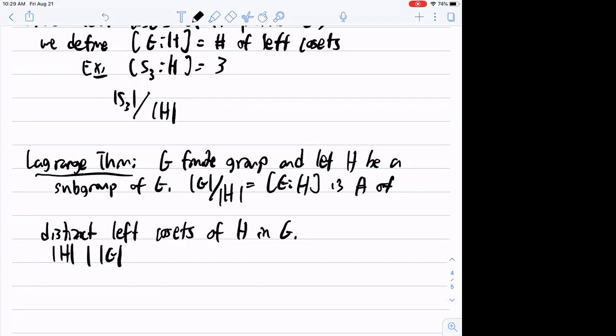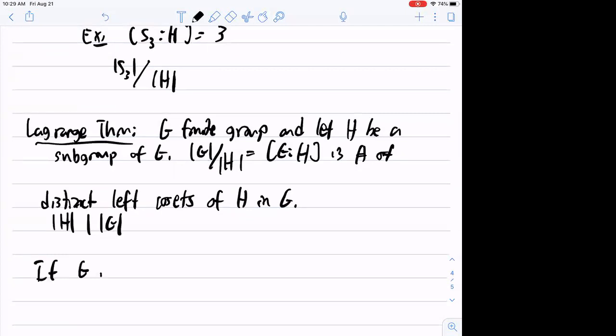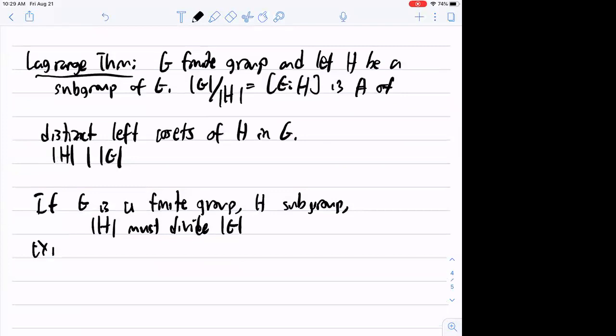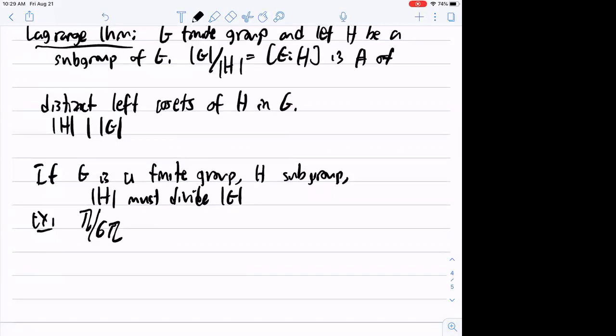Lagrange's theorem is basically saying that if G is a finite group and H is a subgroup, the size of H must divide the size of G. So in the example, like Z6, if G is this, you cannot have a subgroup of order 5.